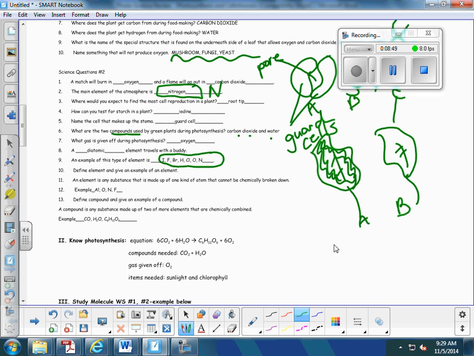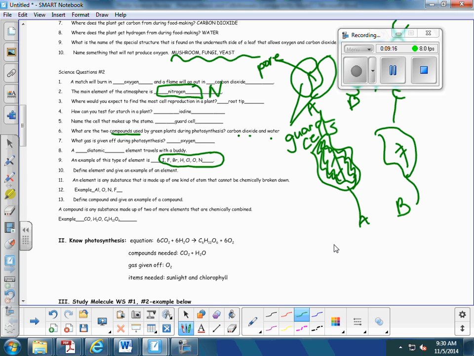You're going to have to define element. Give me an example. You only have like 100 over here you can look at. And define compound. 2 or more elements. CO2, H2O, methane gas, sugar, starch, carbon monoxide, carbon dioxide. That is just like the quiz we just took.